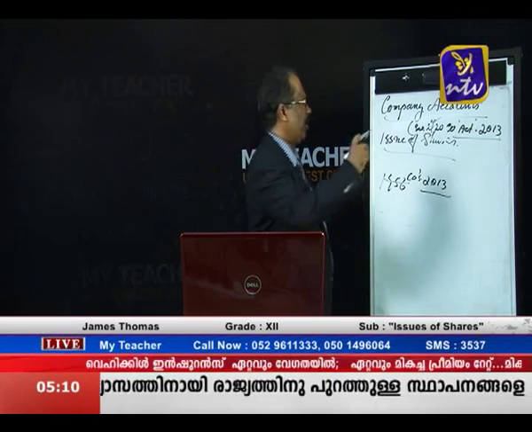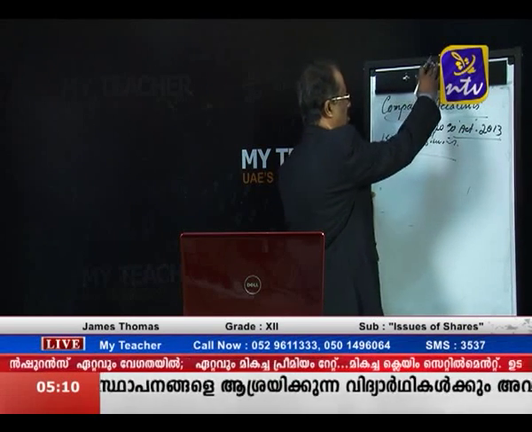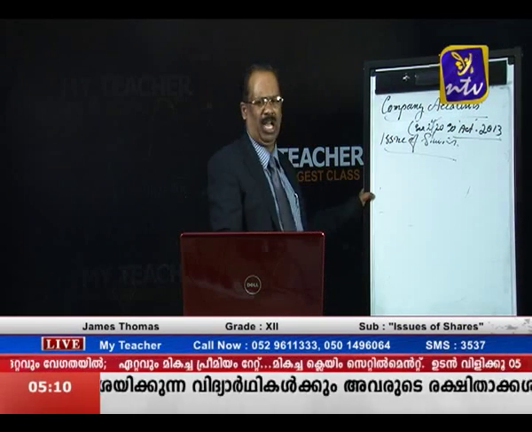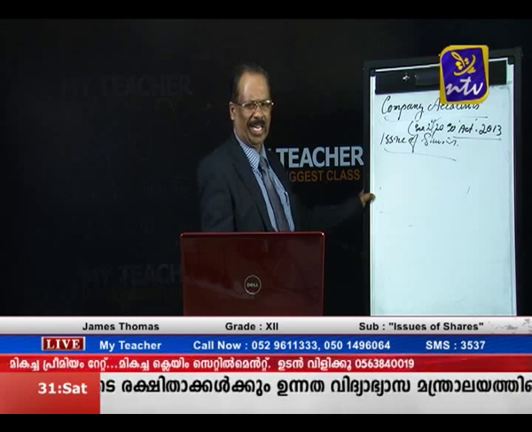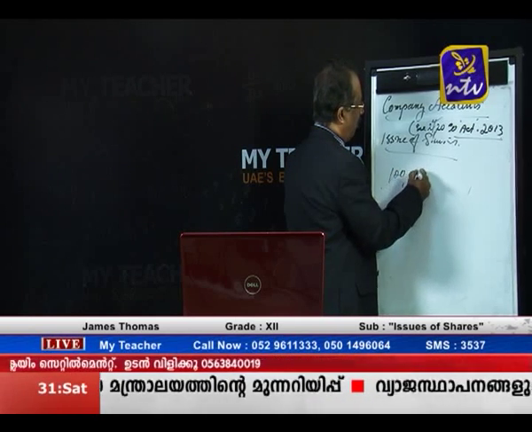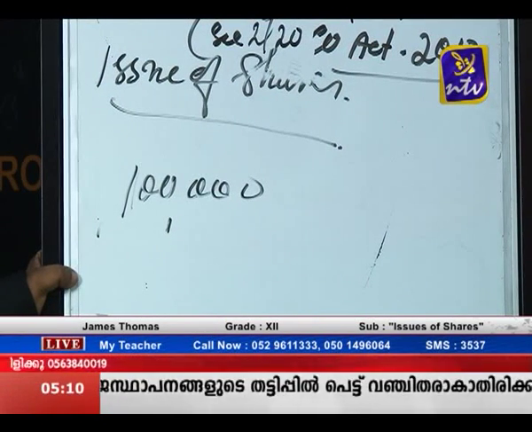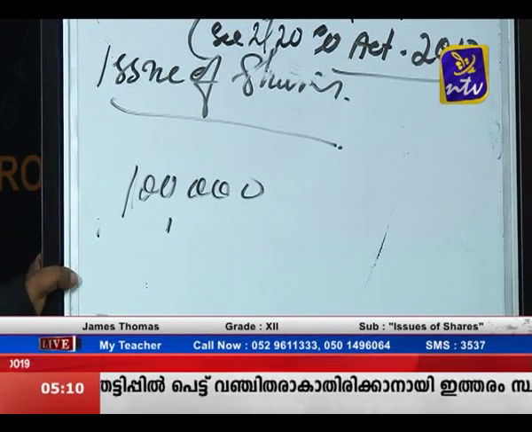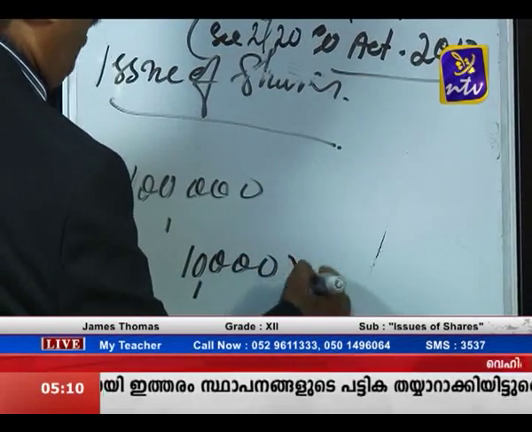Next my point is, what are the methods and terms for issuing the shares? Suppose the total capital of the company is 1 lakh. See the example: this 1 lakh may be divided into 10,000 units at the rate of 10.